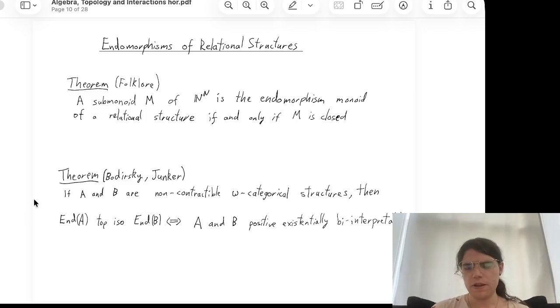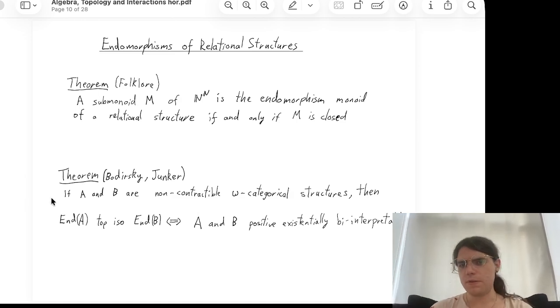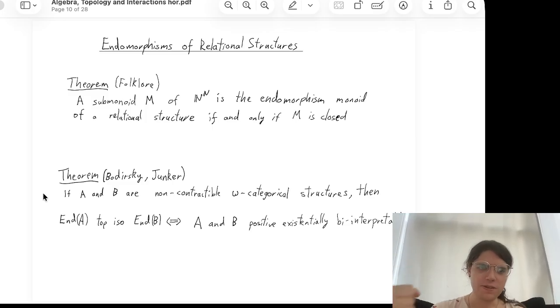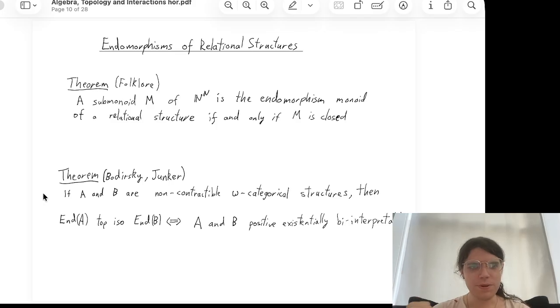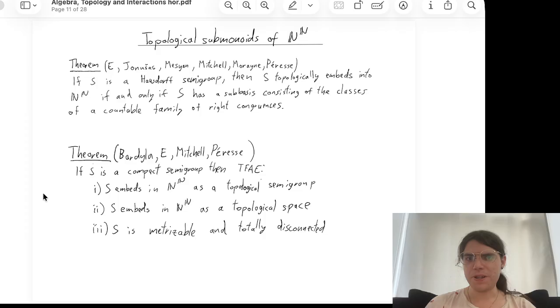So you might want to remove this assumption, but there's evidence that this assumption can't be removed, at least not in a natural way. But even as it is, I think this is a very important result, and it again gives you the idea that the topological algebra is keeping the important information. It describes it quite nicely. So it's another reason that this is the best topology.